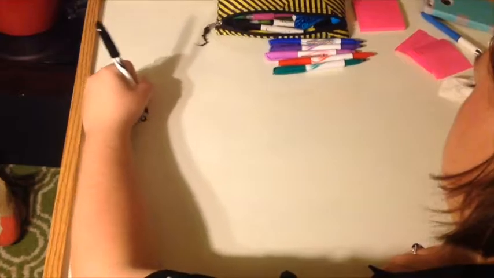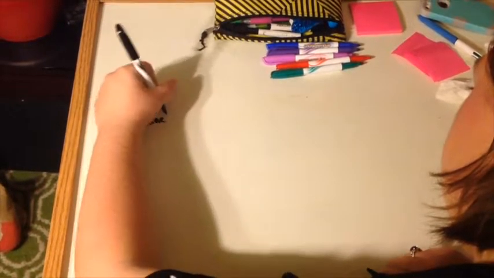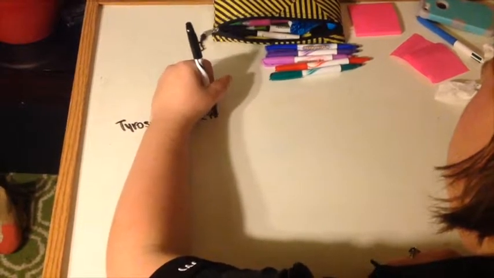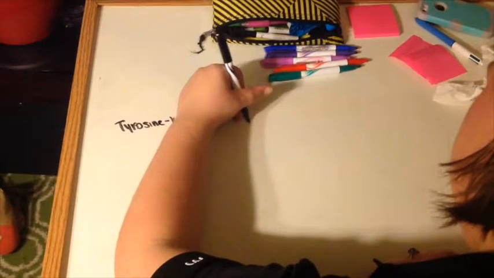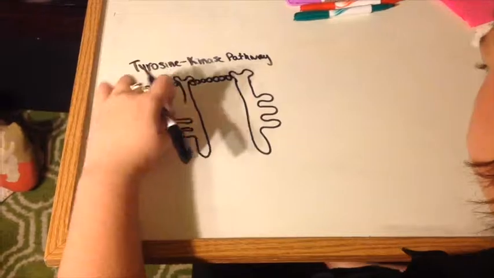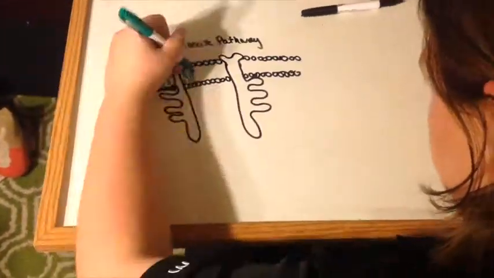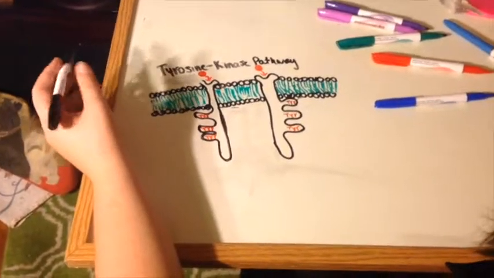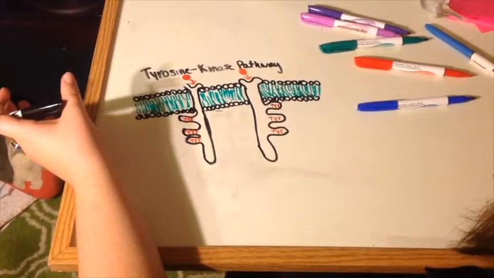So the second pathway that we're going to talk about is the tyrosine kinase pathway. The tyrosine kinase pathway is involved with repair and growth in cells.